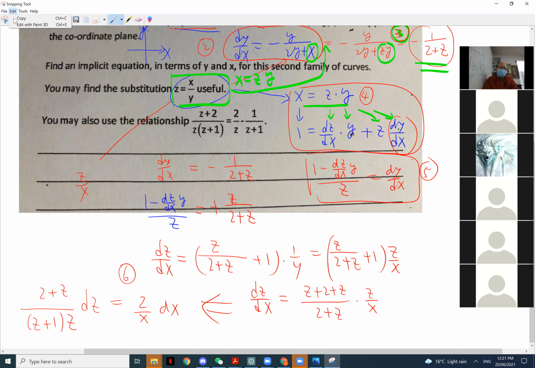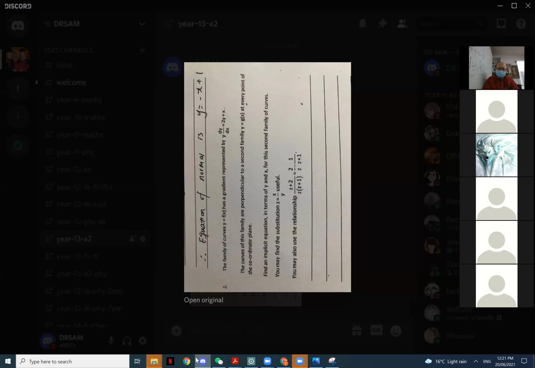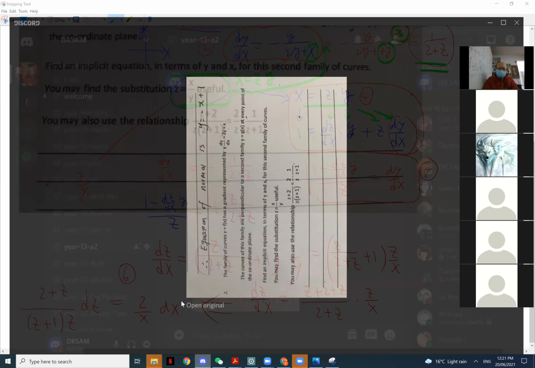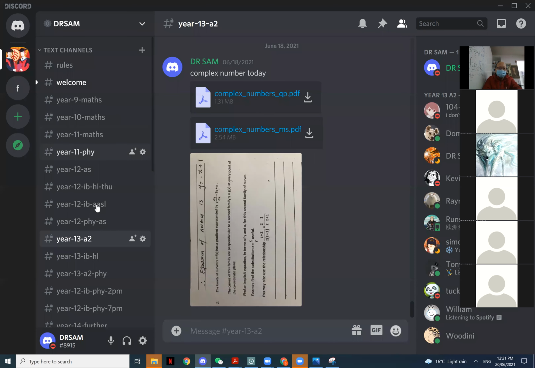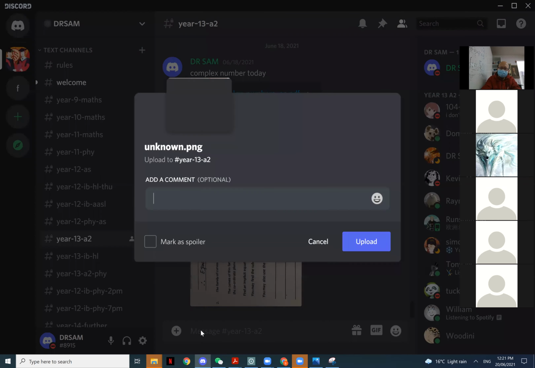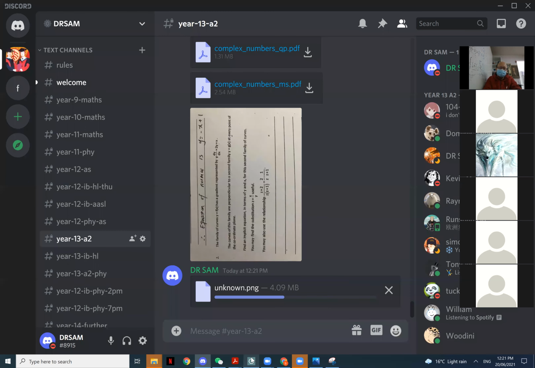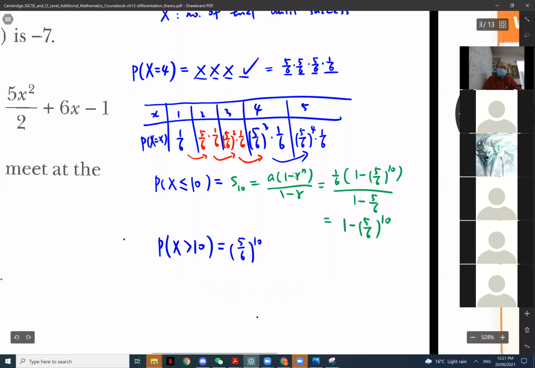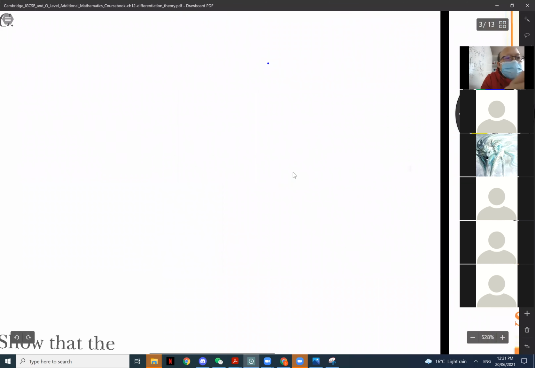I'll share this picture. We try to split the question into different parts. The first part, z equals x over y.